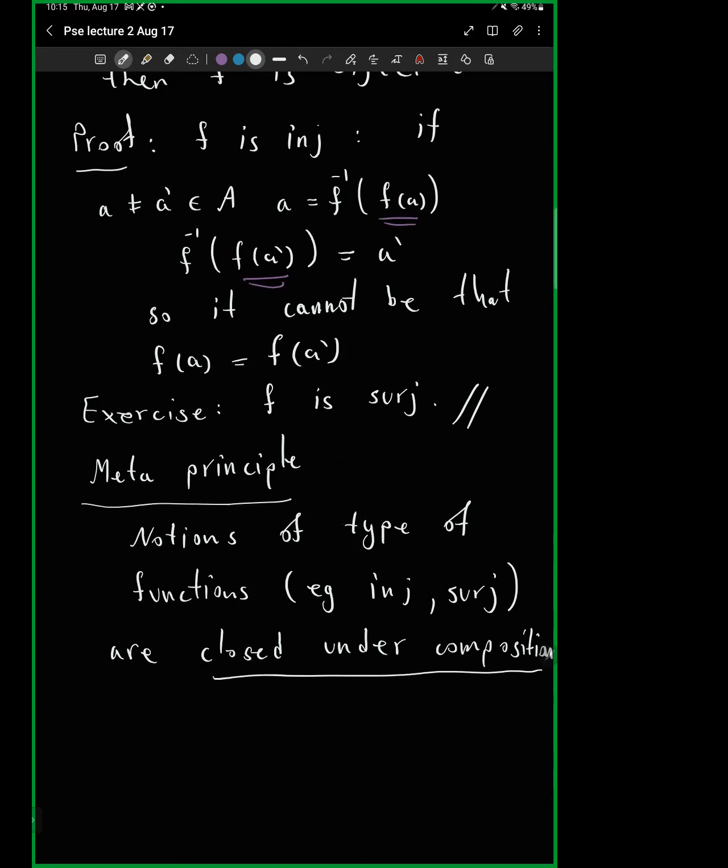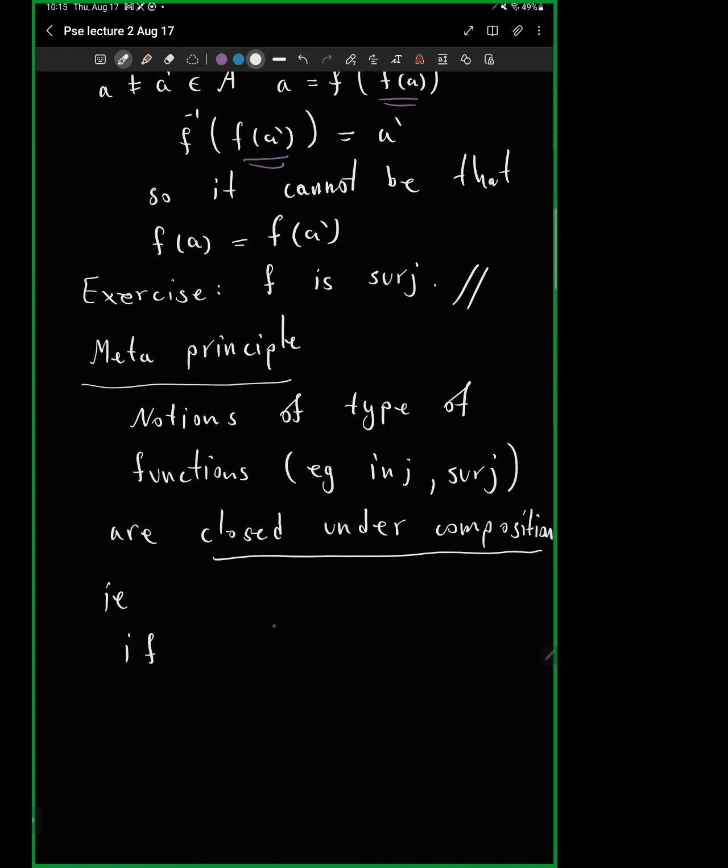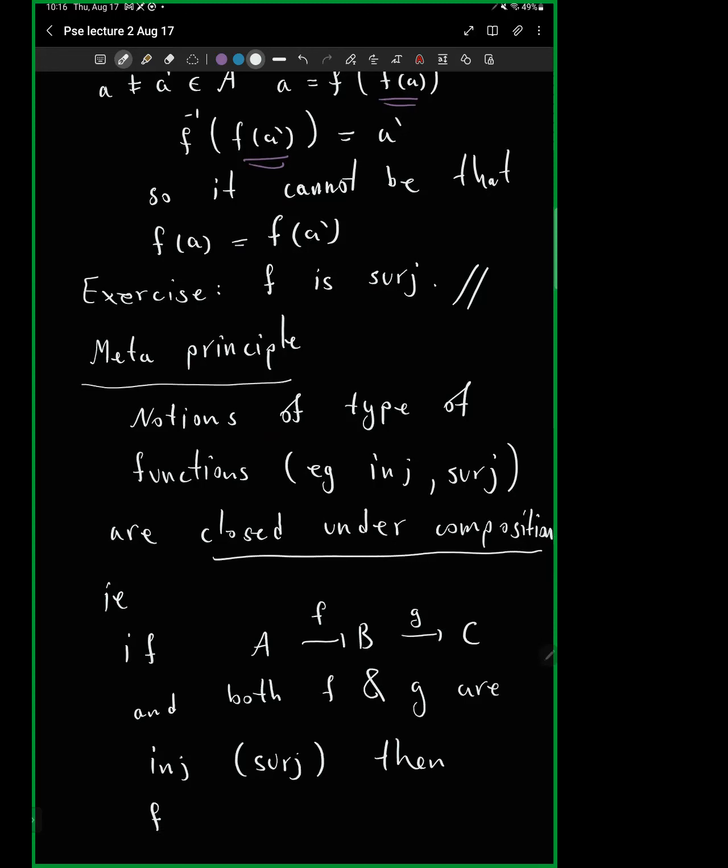What I mean by that is that if you give me two functions, f from A to B and g from B to C, and both f and g are injective, or both of them are surjective, then g composed f is also of this type.